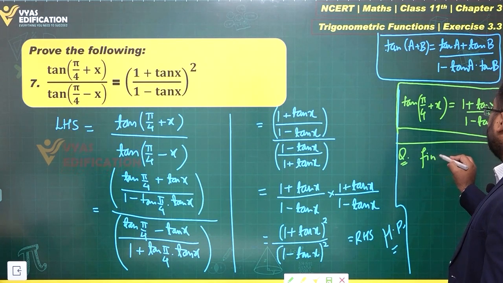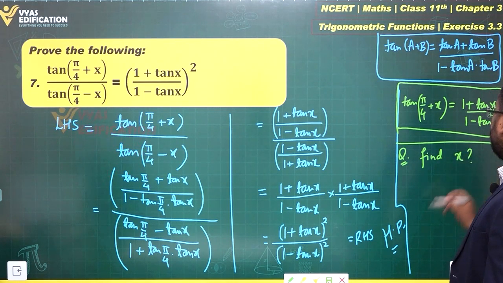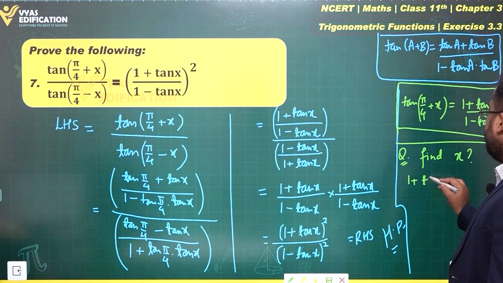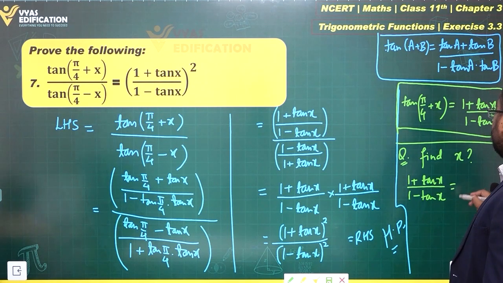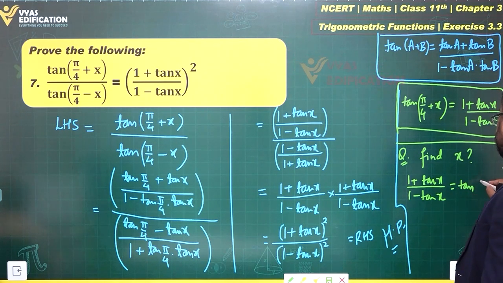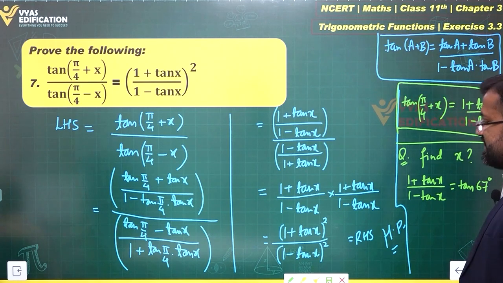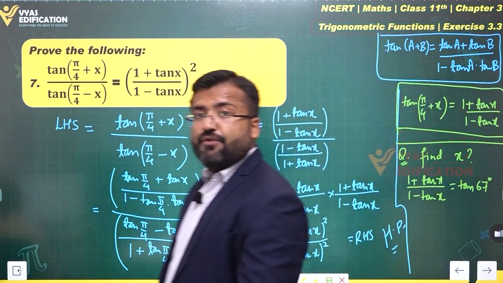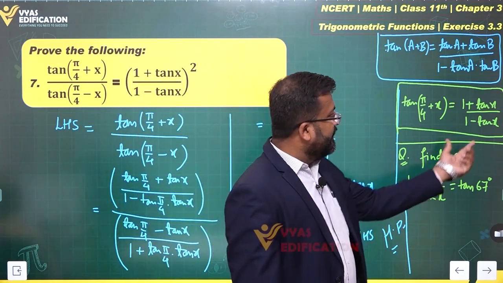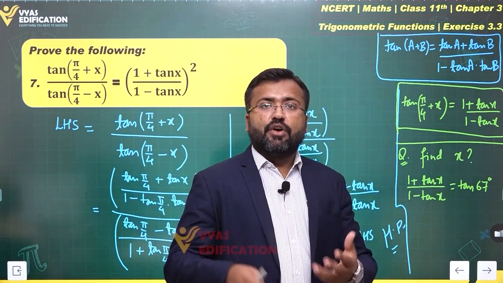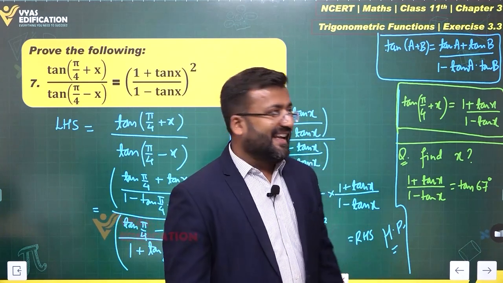For example, if I ask you to find x when 1 plus tan x over 1 minus tan x is equal to tan 67 degree. Can you find the value of x easily? Yes, you can if you know this. Otherwise, you will keep on solving, but you will not get anywhere.